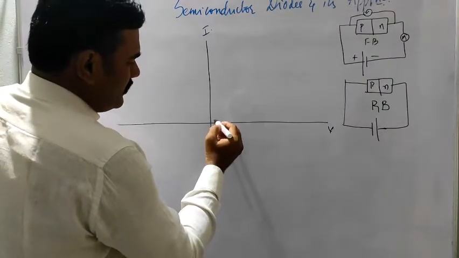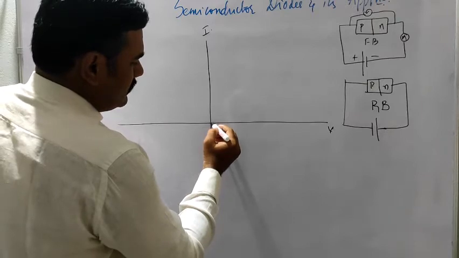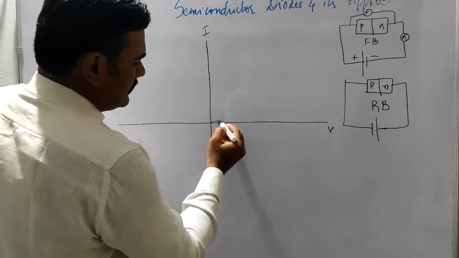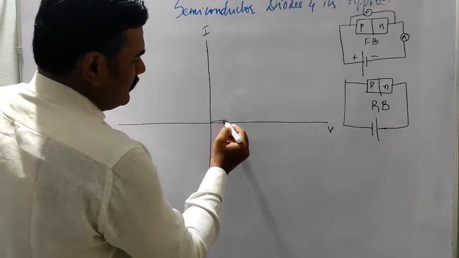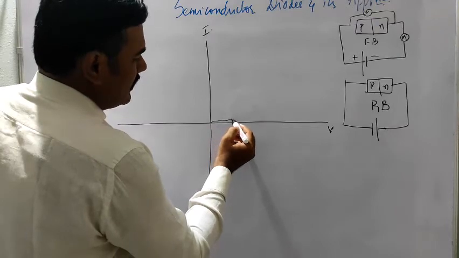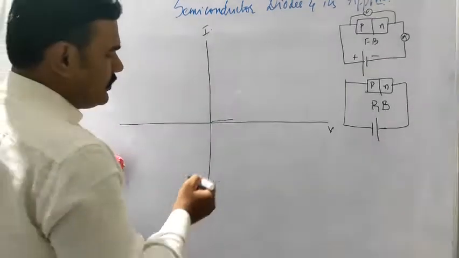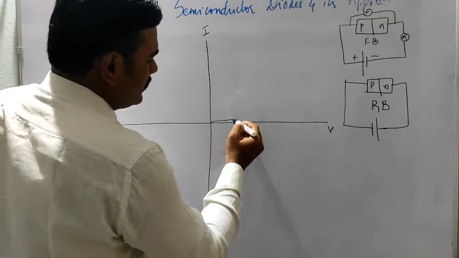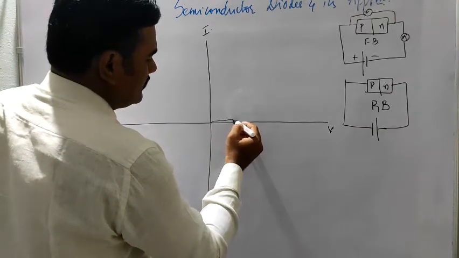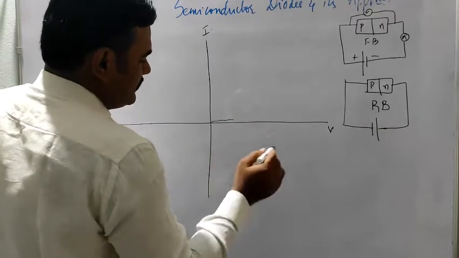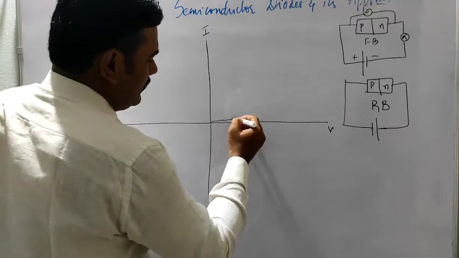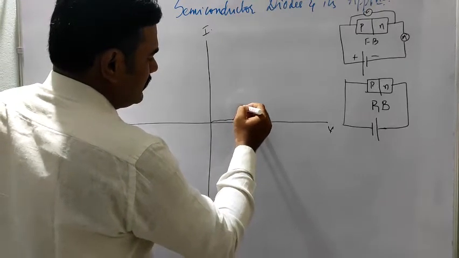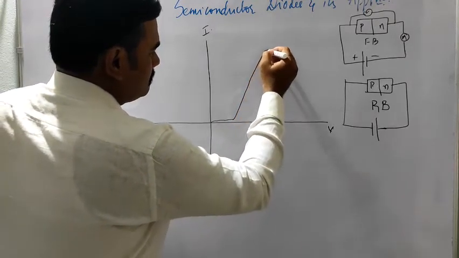Initially when the diode is forward biased, even though you increase the external voltage, you will find that only a small current is flowing, that is due to minority carriers, and after that, once the depletion region vanishes completely, we find that the current increases.